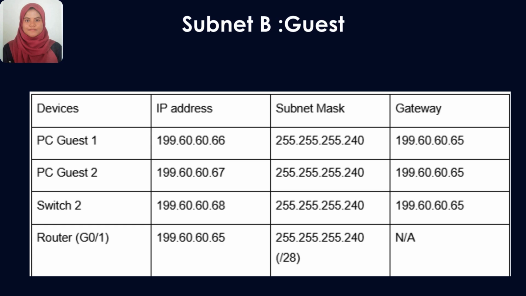For subnet B, which is allocated for the guest network, devices such as PC guest 1, PC guest 2, and switch 2 are configured within the IP address range 199.60.60.65 to 199.60.60.68 using the subnet mask, and each of these devices uses 199.60.60.65 as their default gateway, which corresponds to the router G0/1 interface.